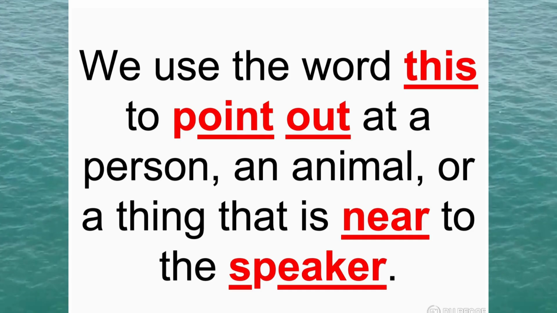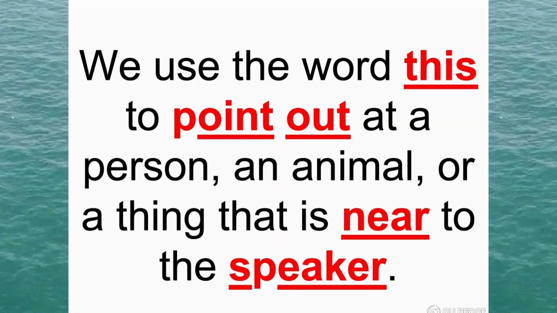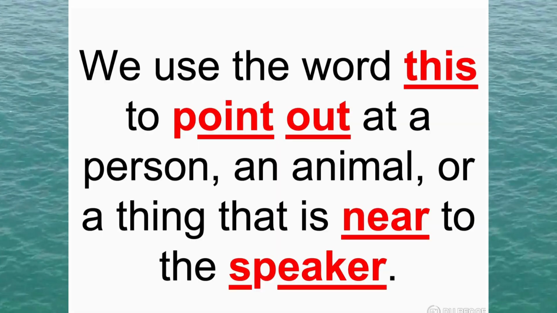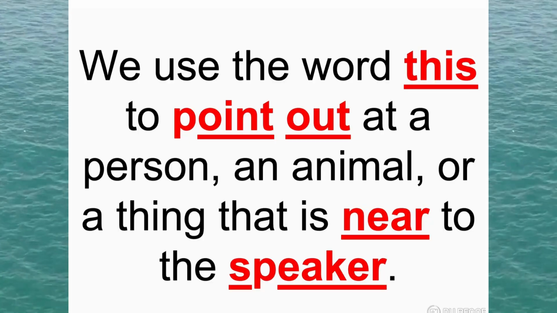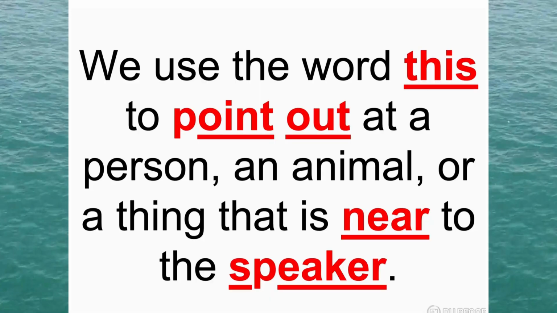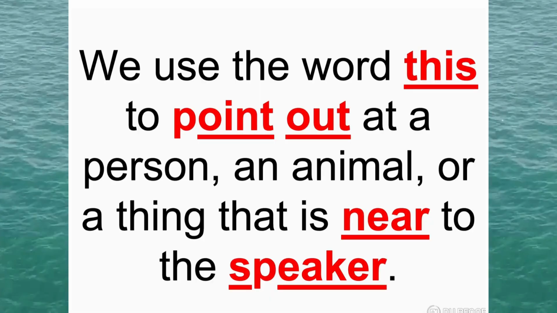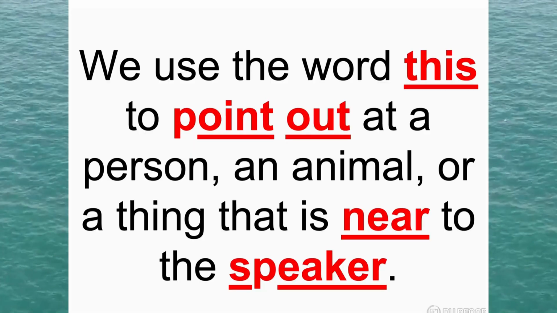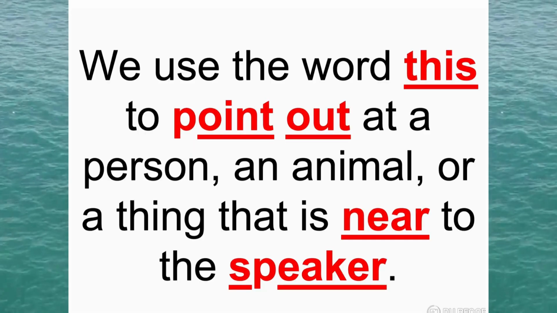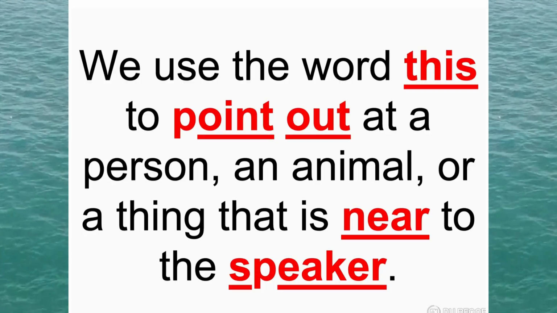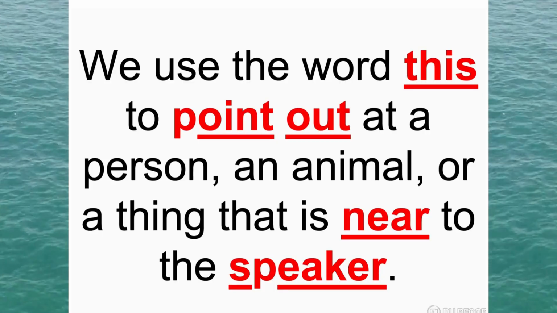We use the word this to point out or to show that a person, an animal, or a thing is near to the speaker. So when we have people, animals, or things that are near to the speaker, in the singular form we use this.